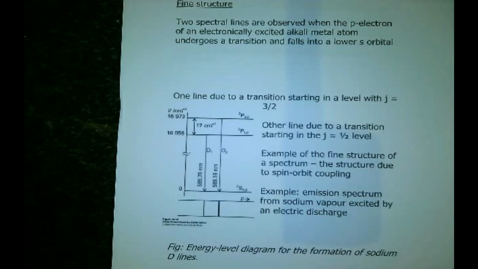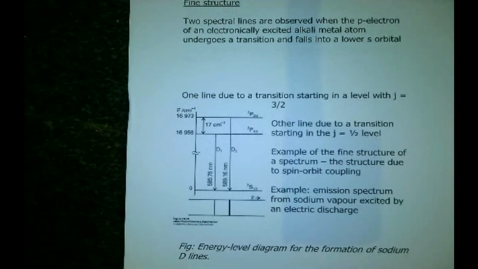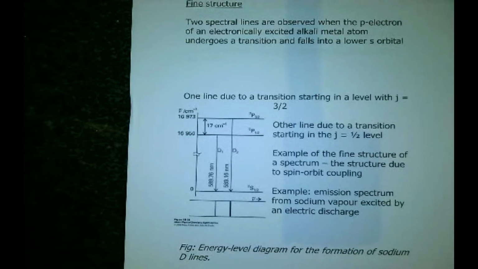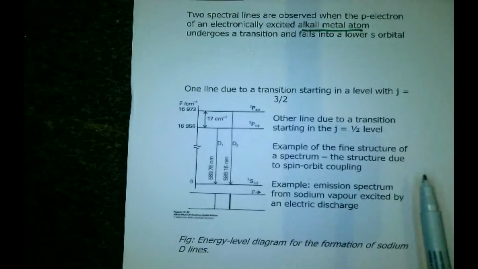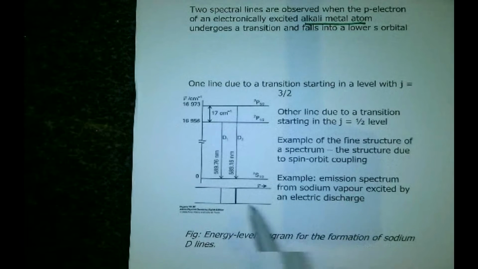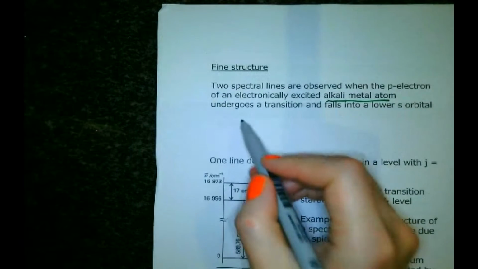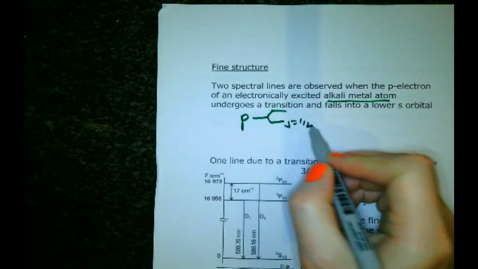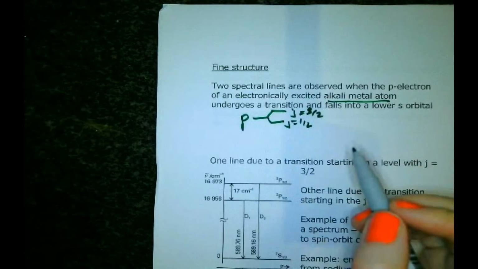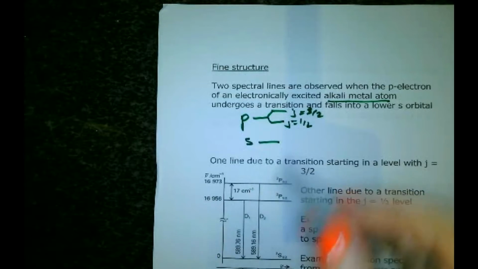Okay, so at the end of the previous lecture, we talked about the spectrum of sodium or any alkali metal atom, and we explained using spin-orbit coupling why you see two different lines in the spectrum, and that is due to the splitting of the p orbital into a j equal to 1/2 and a j equal to 3/2 level, and we said the s orbital is not split.